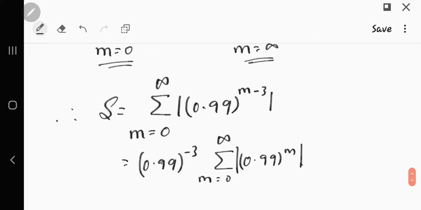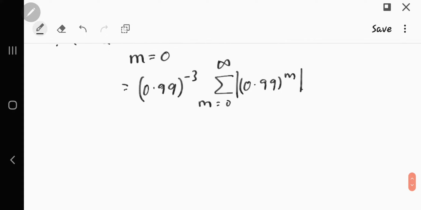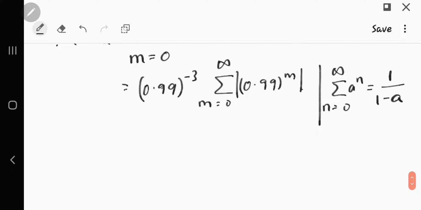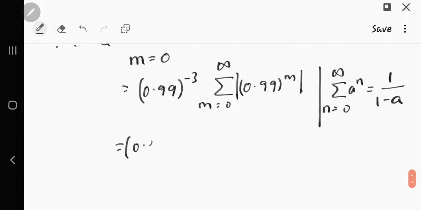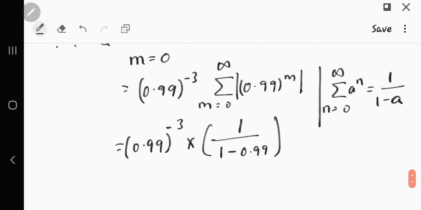So this is similar to summation n is equal to 0 to infinity a to the power of n, that is equal to 1 divided by 1 minus a. Now I can apply this. So 0.99 to the power of minus 3 into 1 divided by 1 minus 0.99.